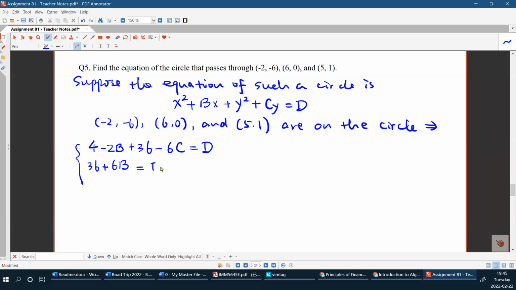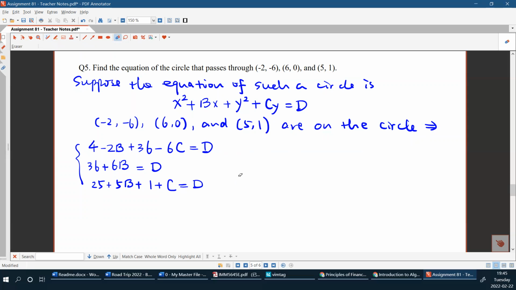So that means this equals d, right? And then we have 5, 1. When x is 5, that means 25 plus 5b plus 1, y is 1. So that means 1 plus c is d, right? So let's label them as 1, 2, and 3.